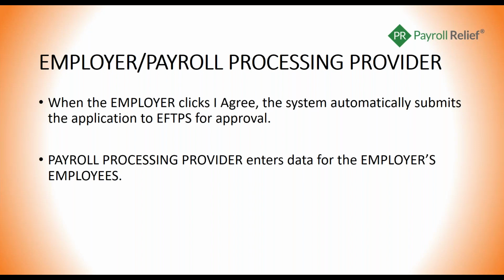Keep in mind that while the employer is doing their part and you're waiting for the EFTPS approval, you should enter their employee data in the system, as this must be verified by AccountantsWorld as part of our internal due diligence. Employee data should always be entered before you submit the EFT application for approval to avoid any delays. Direct deposit cannot be approved without employee data in the system.